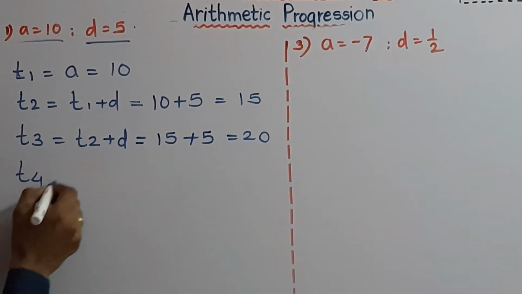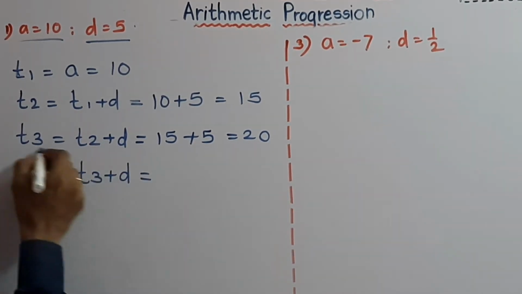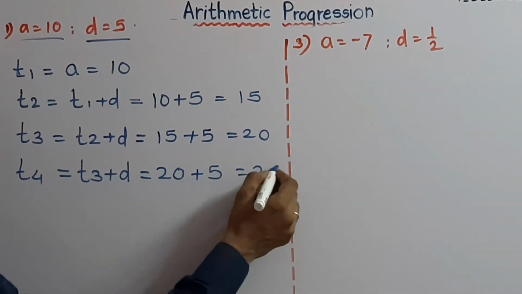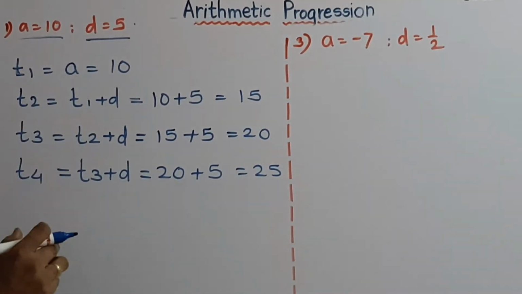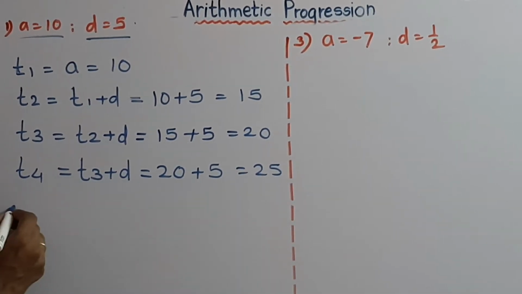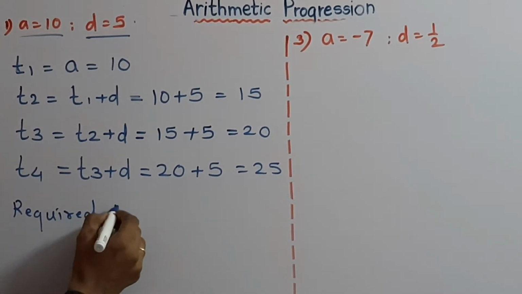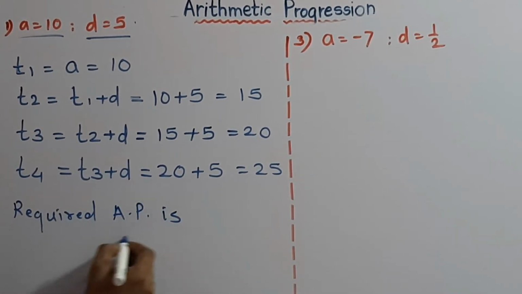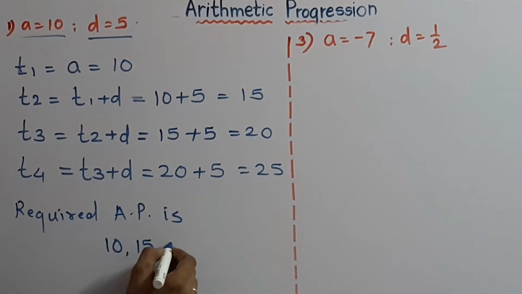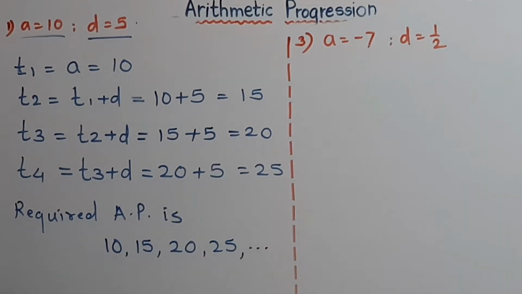Then fourth term T4 is T3 plus D. Now T3 is 20 and common difference is 5, it is 25. Like this we can find the terms. Up to the fourth term we have found out. Therefore the required AP is: first term is 10, second term is 15, third term is 20, 25 and so on.